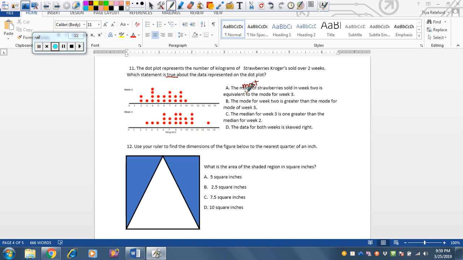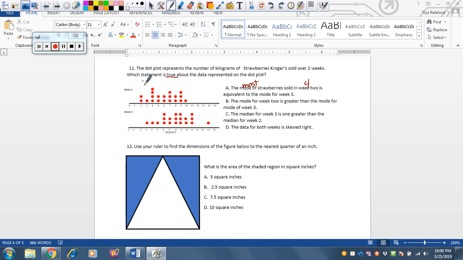That's your mode for week 2. So if I look, this one has 4. So my mode for week 2 is 4. Find the mode for week 3. There might be more than one. And then choose your answer. Or see if it's right.